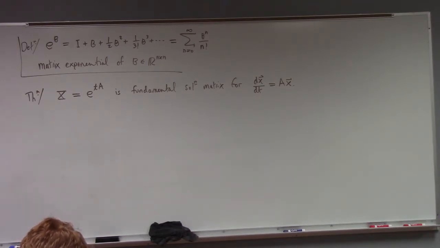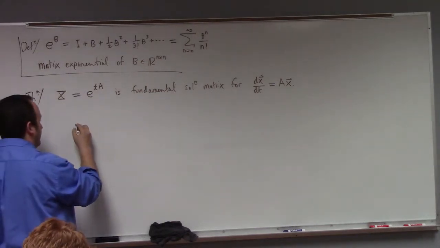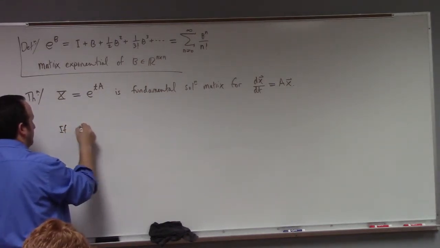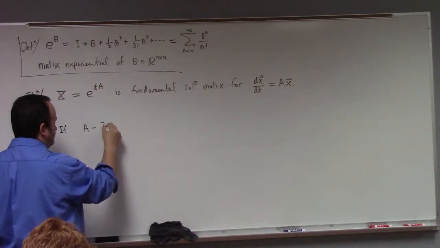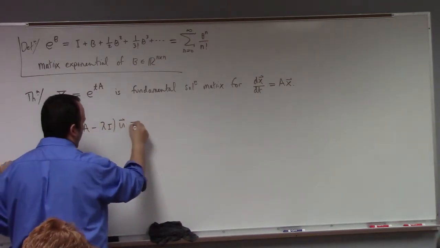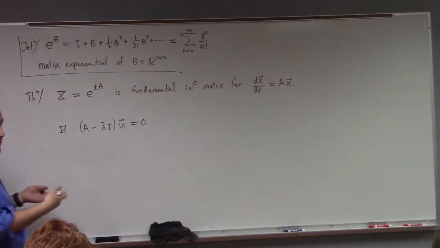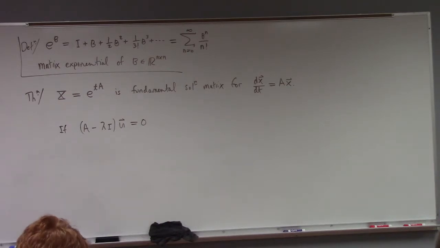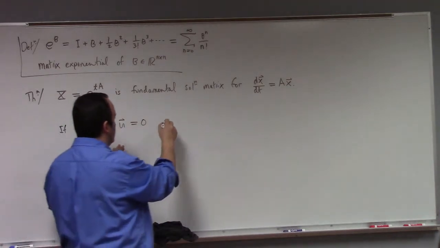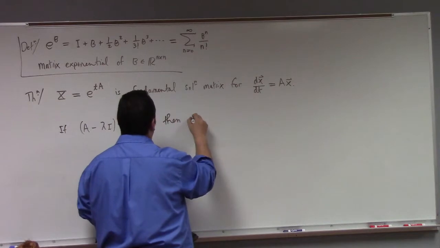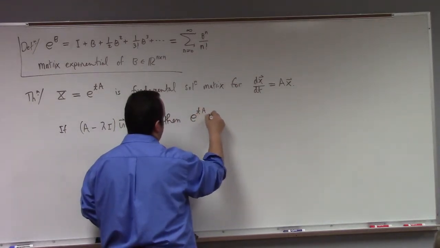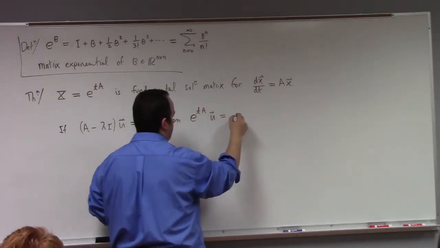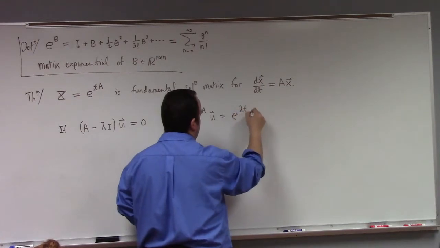So, long story short, if (A minus lambda I) u is equal to 0, in other words, if u is an eigenvector with eigenvalue lambda for A, then you can calculate that e to the tA times u works out to e to the lambda t times u.